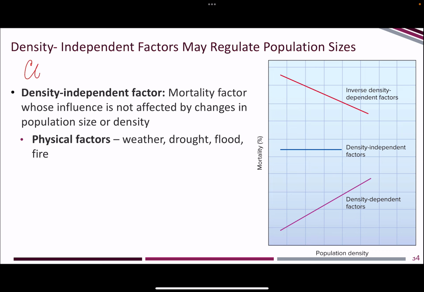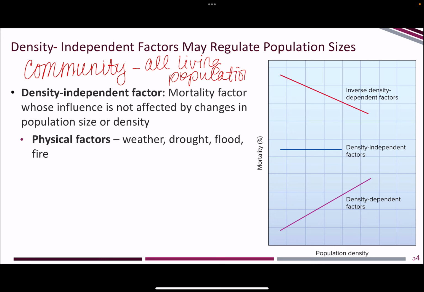So an ecological community is all of the living populations in an area. So these are going to be what we would call the biotic factors. Bio meaning life. So all of the living interactions in a population.